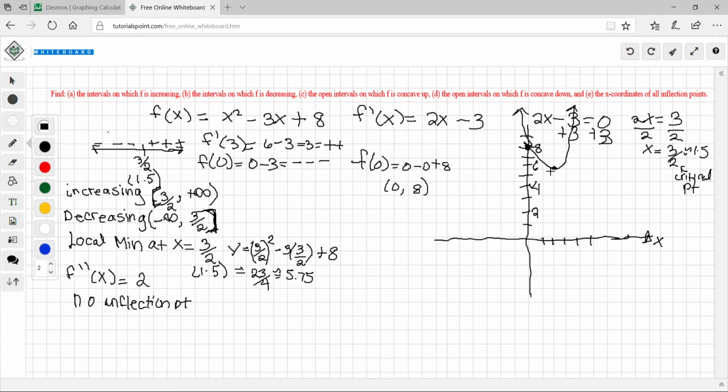So our concave up is this. Our interval for concave up is from negative infinity to positive infinity.